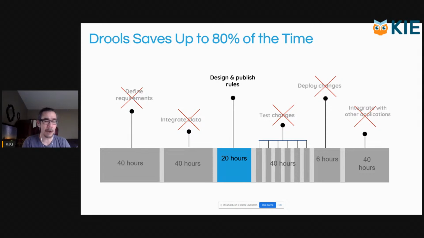So by allowing the users to just write rules, we remove all the barriers that a lot of people say is an issue when they're looking to go to Drools.